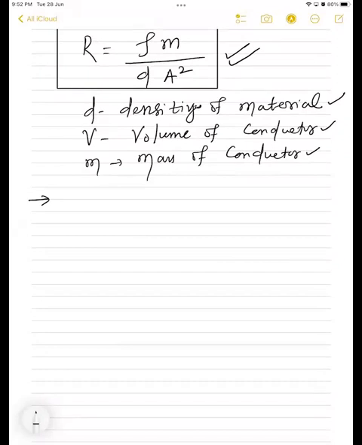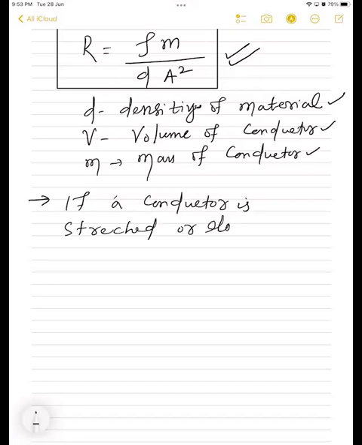Then another thing. You will get some question where it is given that the conductor is stretched, elongated, drawn, twisted, whatever you are doing with the conductor. What remains the same? The volume remains the same, correct? Getting my point now, students? Some question you will get, like: if a conductor is stretched or elongated.